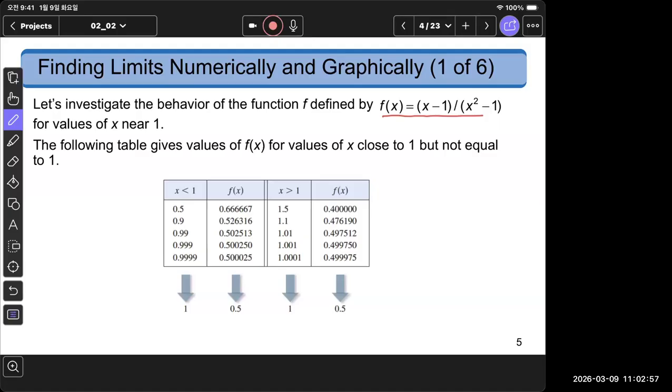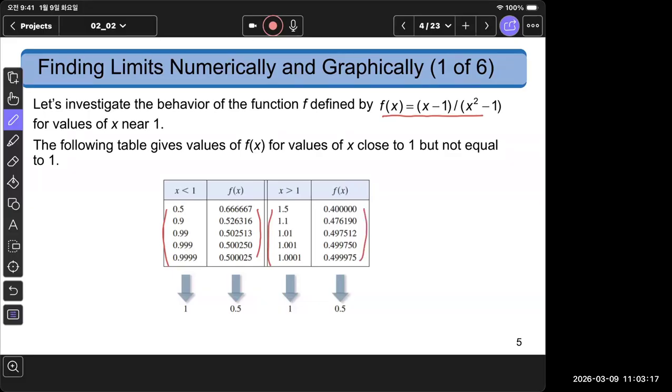Now, when x is smaller than 1 but very close to 1, these are the corresponding function values. For x greater than 1 but close to 1, we can also evaluate f of x.